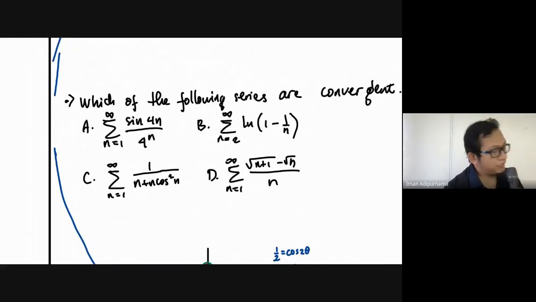Number 2, we have 4 options here, and the question is which one of the series is convergent. Any idea?